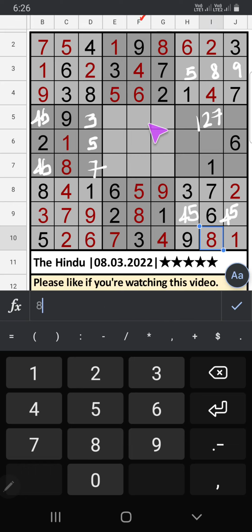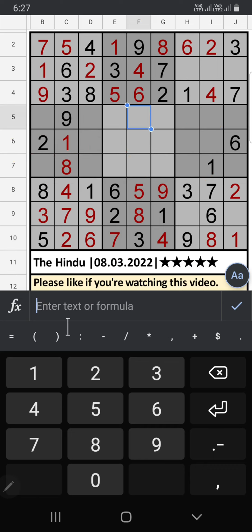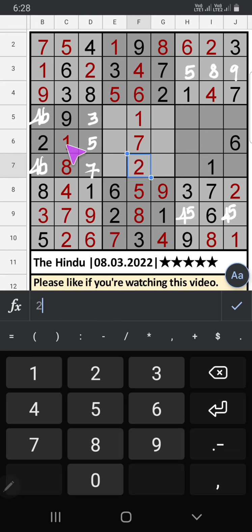Column F, 3 numbers are remaining, 1, 2, 7. 6th row, we have 2 and 1, so 2 and 1 can't come in this cell. It will come in any one of the cells. Then only one number is remaining, 7. 7 is confirmed here. 7th row, we have 1, so 1 can't come in this cell. 1 is confirmed here, then 2 is here. 6th row and column I and column J, we have pair numbers 2 and 7.